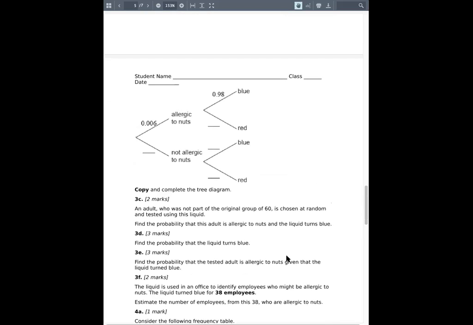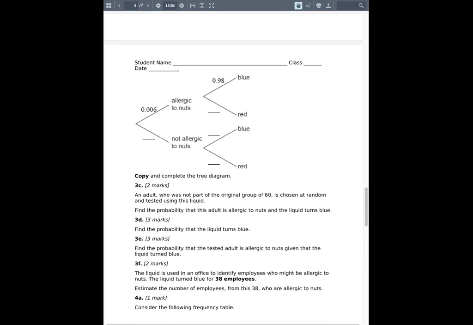Okay, 3C. An adult who was not part of the original group of 60 is chosen at random and tested using this liquid. Find the probability that this adult is allergic to nuts, so right here, and the liquid turns blue right here. That's pretty simple.